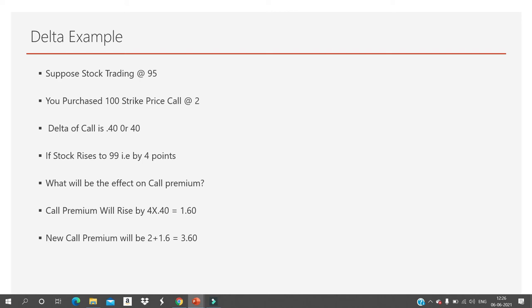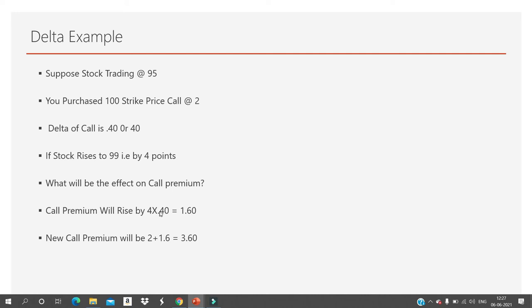So here the stock has risen by 4 rupees. The stock price is now 99, and our call premium had a price of 2 only. Now the call premium will change because the stock has moved. The call premium will rise by 4 times 0.4, because 0.4 is delta and the stock rose by 4 rupees.